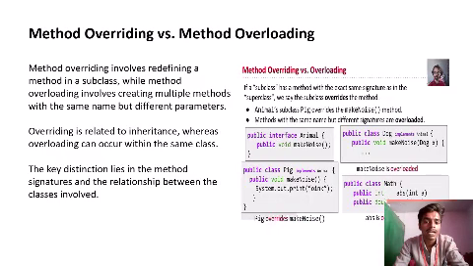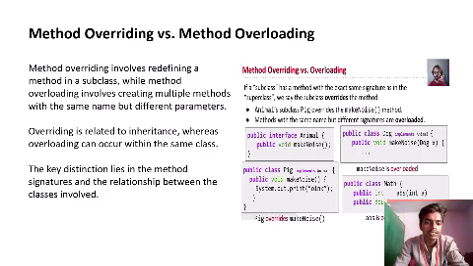Method overriding versus method overloading. Method overriding involves redefining a method in a subclass, while method overloading involves creating multiple methods with the same name but different parameters. Overriding is related to inheritance, whereas overloading can occur within the same class.